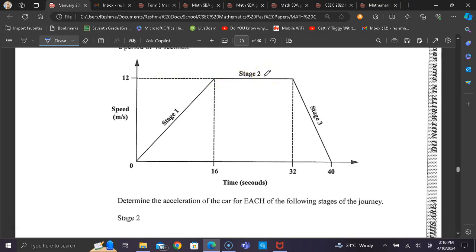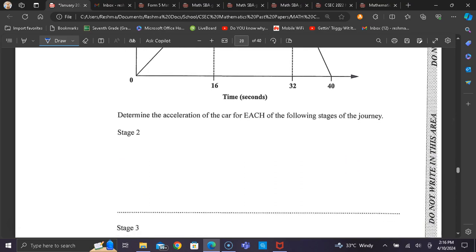Now, acceleration is defined as the change in speed with respect to time. So if there's no change in the speed, it means the acceleration is equal to 0. So therefore, for stage 2, the acceleration is 0 since the speed is constant.